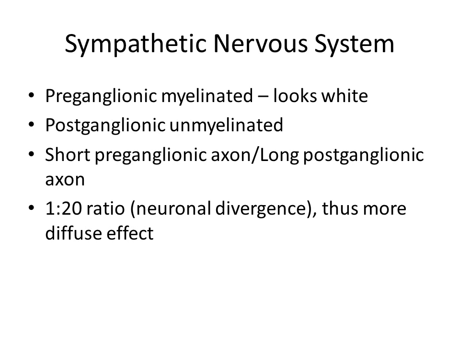So the postganglionic neurons can be very long. We also tend to have a large ratio of one preganglionic neuron for every 20 postganglionic neurons. So when you activate that one preganglionic neuron, we can get a much more diffuse effect than in the parasympathetic system.